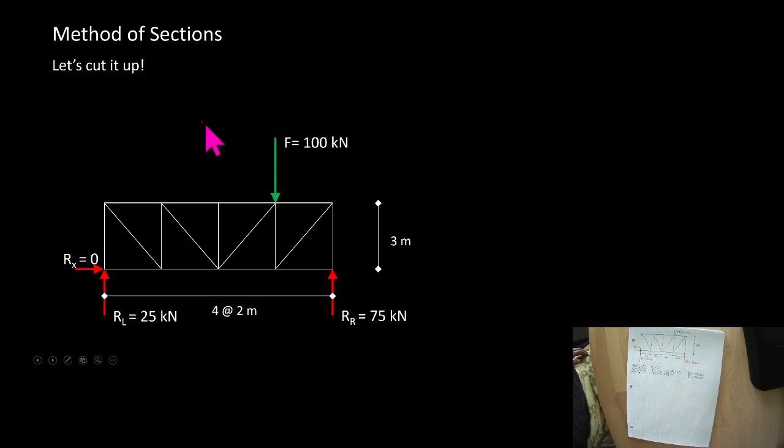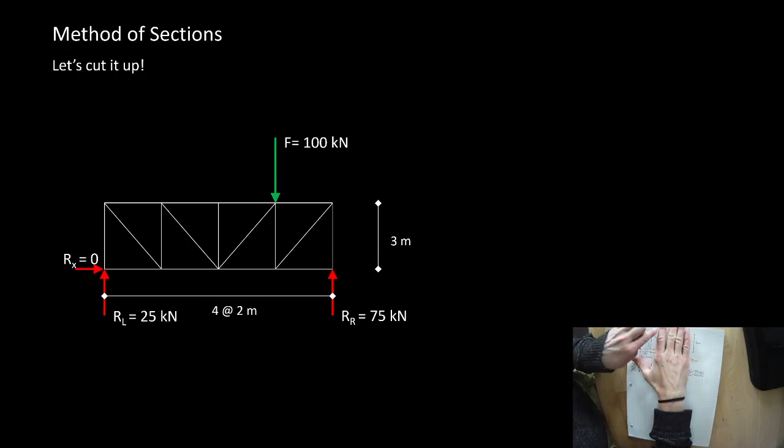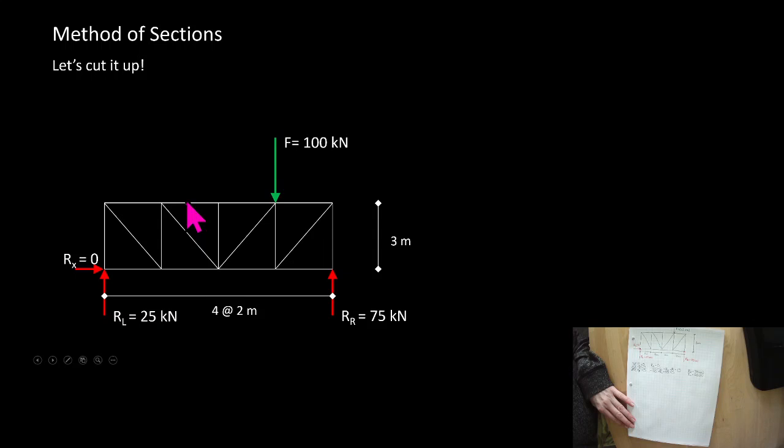So if we've looked at this truss here with this load on it, what if we said, what if we cut this truss, or pretended we were cutting this truss right through here, or right through here? And we only looked at one side of the truss. We know that this portion of the truss is not moving up and down, sliding back and forth, or spinning about a point, because the object isn't doing those things.